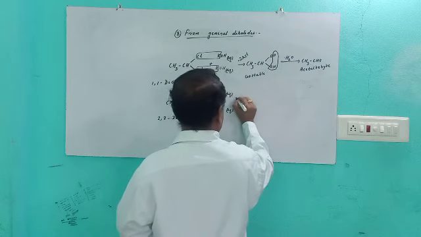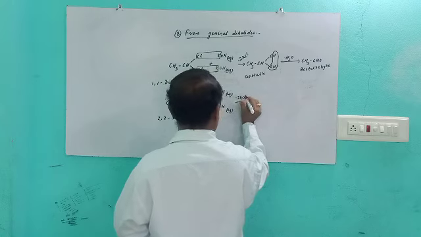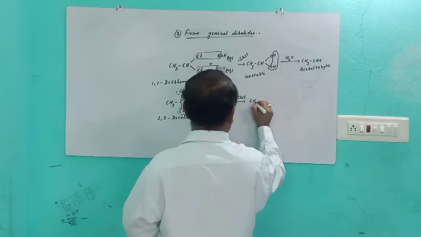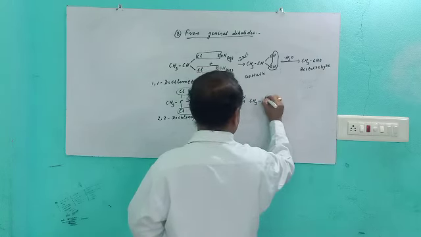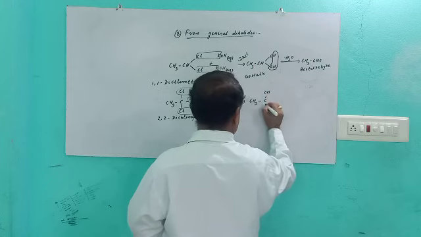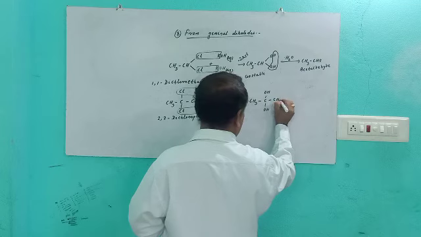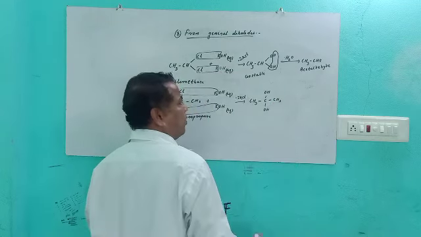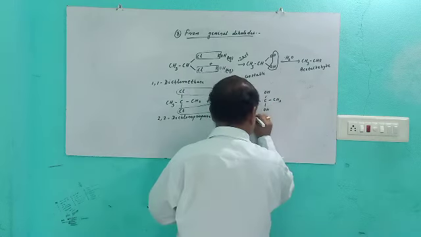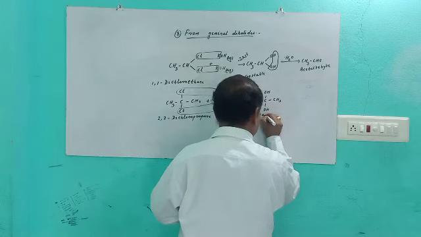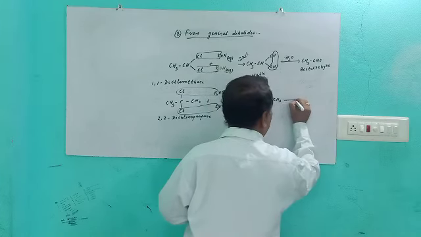So you can write -2 KCl. Now we have CH3-C(OH)2-CH3. As this carbon atom is linked with two hydroxyl groups, it is also an unstable compound, and it becomes stable by losing one water molecule.